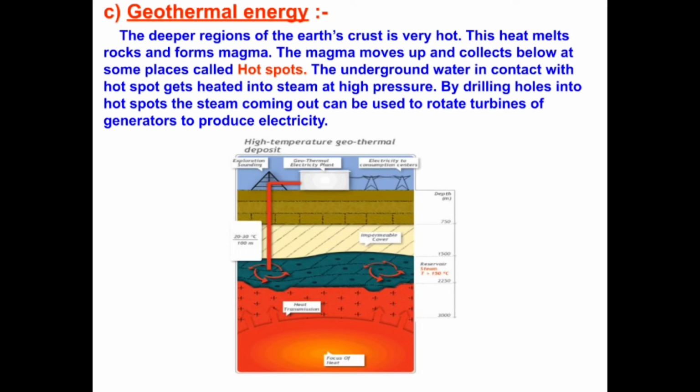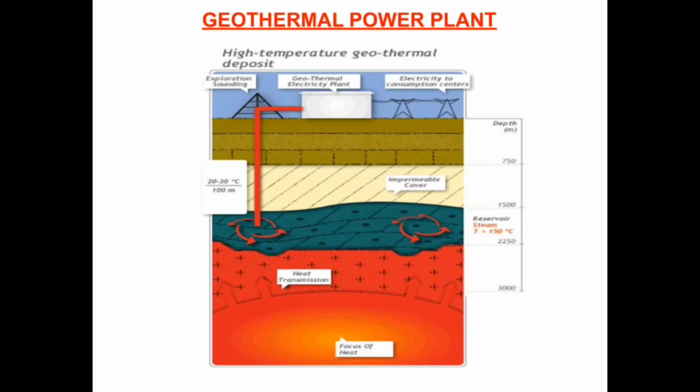By drilling holes into hotspots, the steam coming out can be used to rotate turbines of generators to produce electricity. High temperature geothermal deposit is shown in the figure. Geothermal power plant.